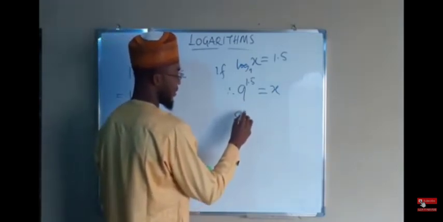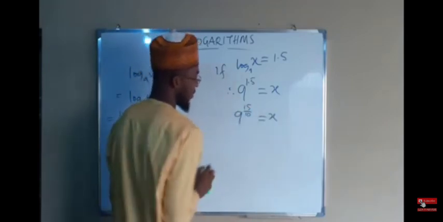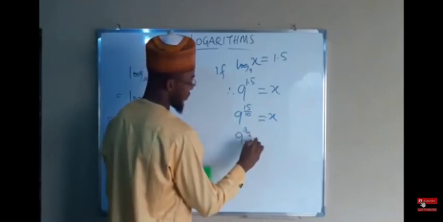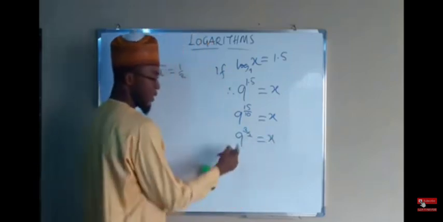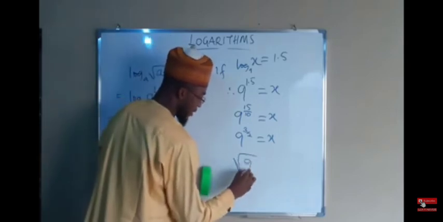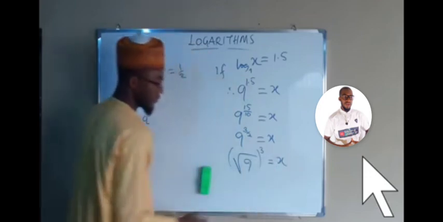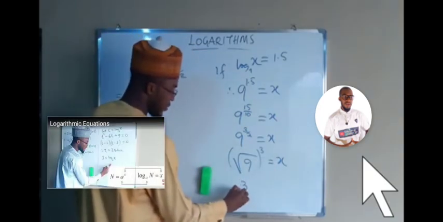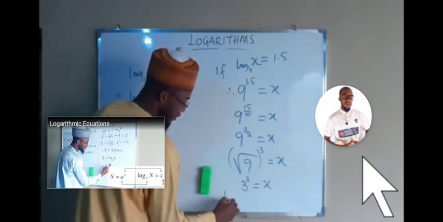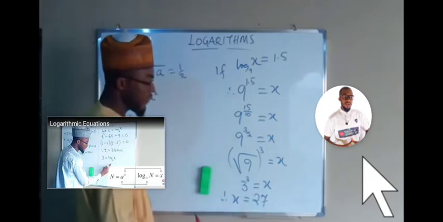So we have 9 raised to the power of 15 over 10 equals x, which is the same thing as 3 over 2. This can be resolved using laws of indices as the square root of 9 raised to the power of 3 equals x. The square root of 9 is 3, so 3 cubed equals x. Therefore, x equals 27, because 3 raised to the power of 3 is 27.